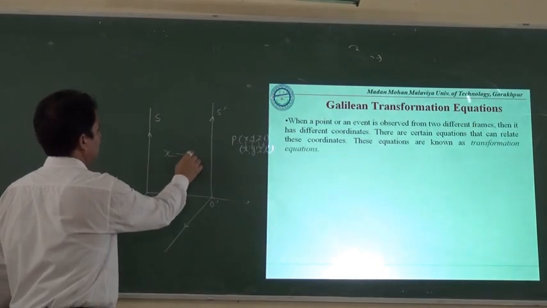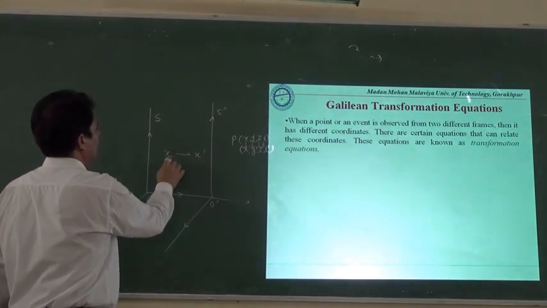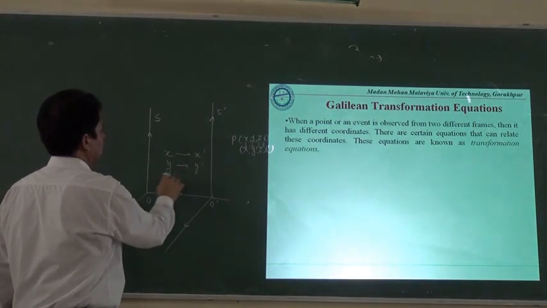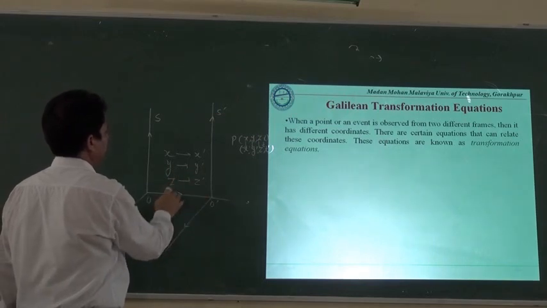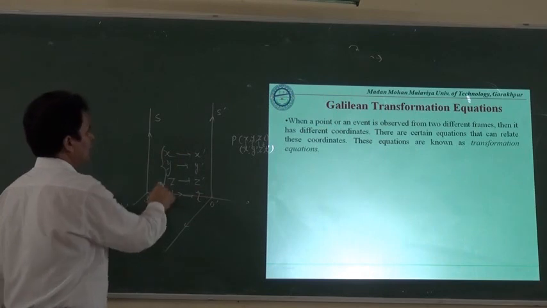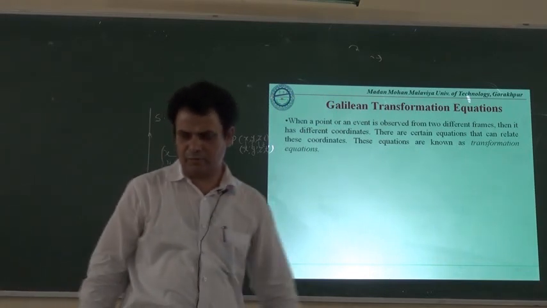Now there will be a certain relation between x dash, y dash, z dash and t dash. These relations are known as the transformation equation.